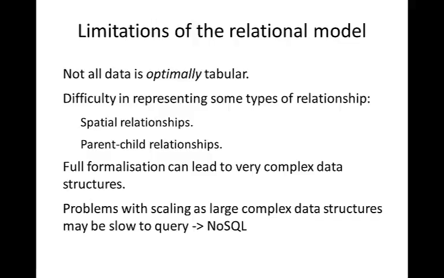If you follow the relational theory, adhere to it strongly, and do everything that what you could call the hardcore relational people say you should do, you can end up with a very complex data model and data structure, which is actually quite difficult to design in the first place and to build and to use.